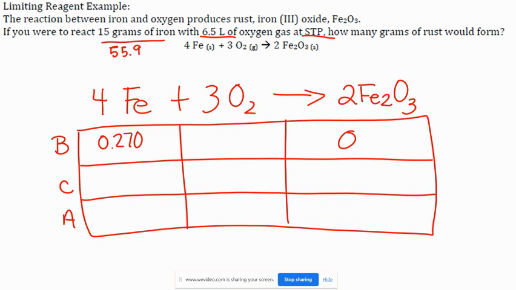Avogadro's principle states that if we are at STP, which is standard temperature and pressure, which you learned about during the gas unit last year, I think chapter 13, it says that if we have 1 liter of gas, that is going to be equal to 22.4 moles of that gas. That is Avogadro's principle.